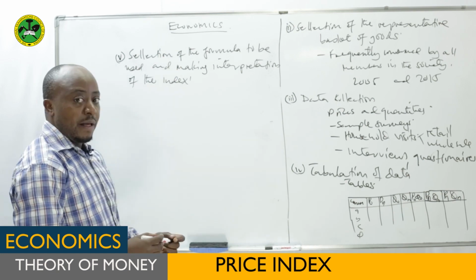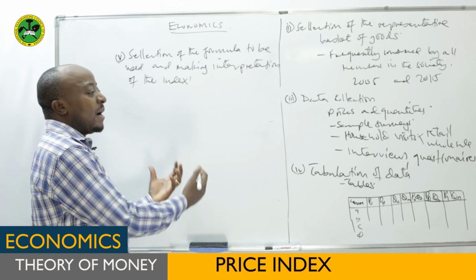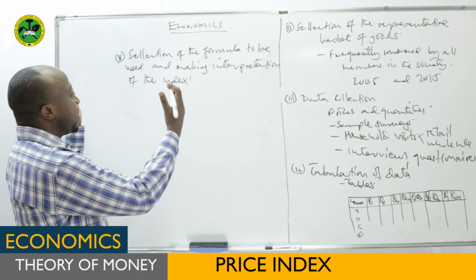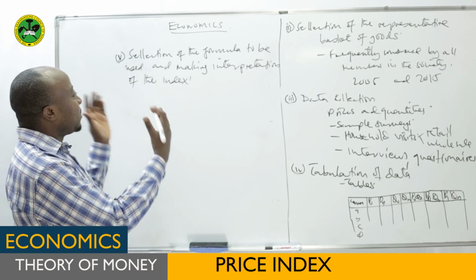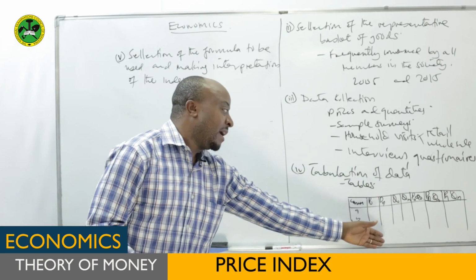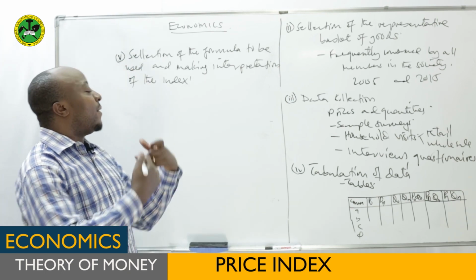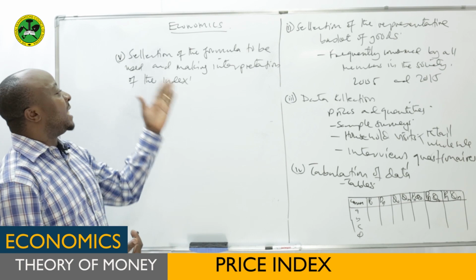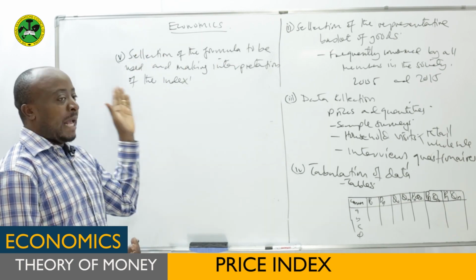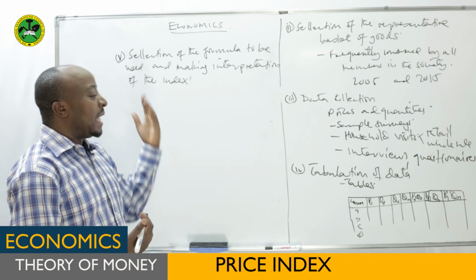So that is procedure number 5. Again, it means you have to select the formula. There are different formulas, we'll see them later on. So you choose those formulas, then after choosing them, you calculate the index by using the information you have gathered and tabulated. Once you calculate and get the final answer for the index, you make an interpretation of the answer. These are the procedures of calculating price index.